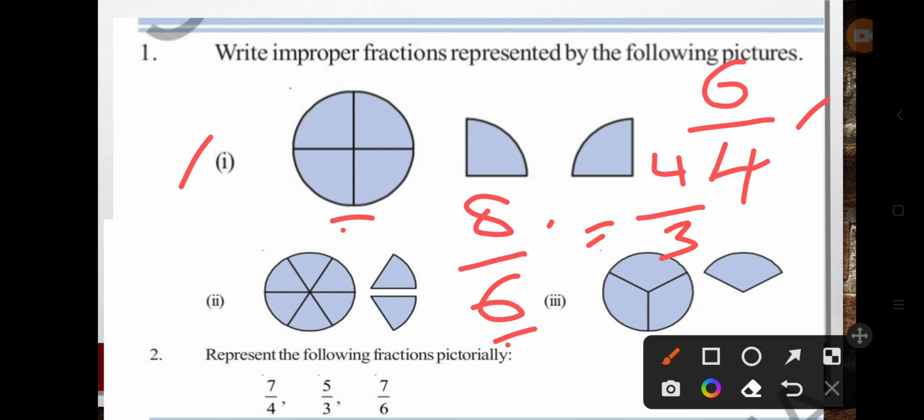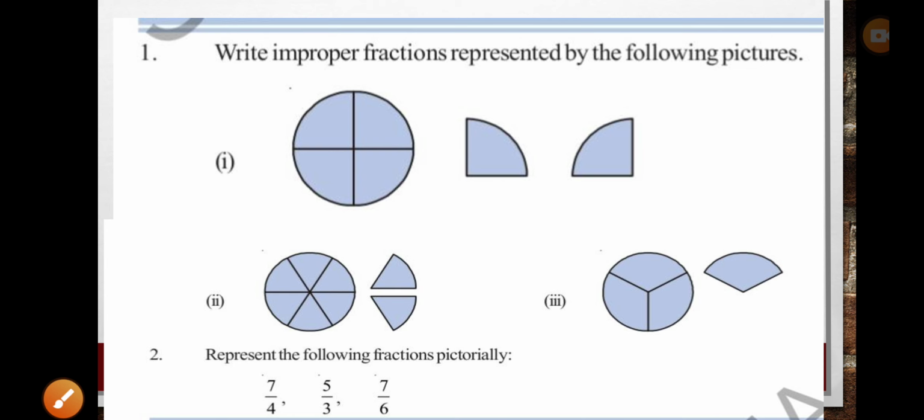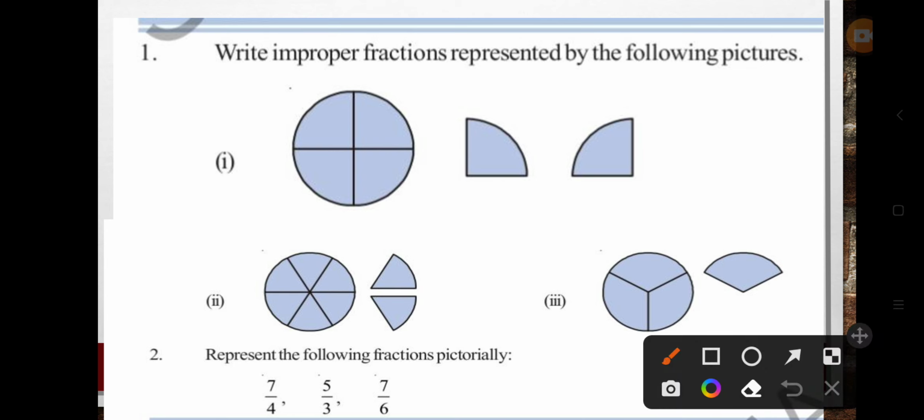Represent the following fractions pictorially. Suppose we do one here. Take 7 by 4. We have to take one circle and divide it into 4 equal parts. Then we have to shade all 4.